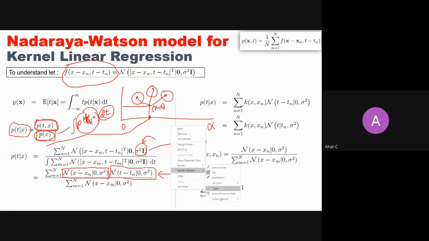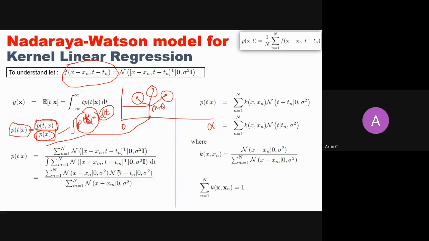The second term in the denominator, let's simplify this. In my denominator, I have this thing which I want to marginalize over t. So I can factorize this denominator also, because it is independent because of this identity matrix. So these are the steps here.